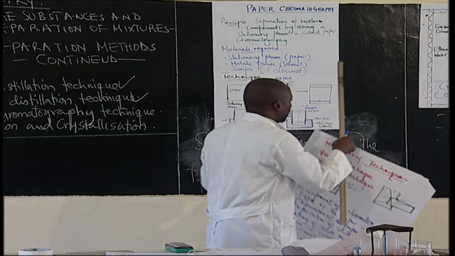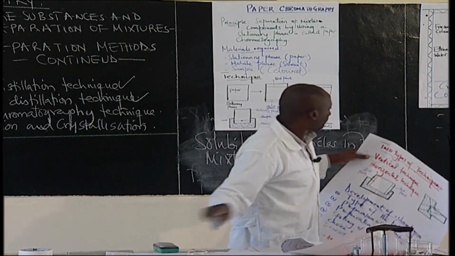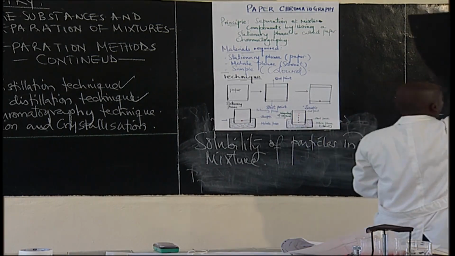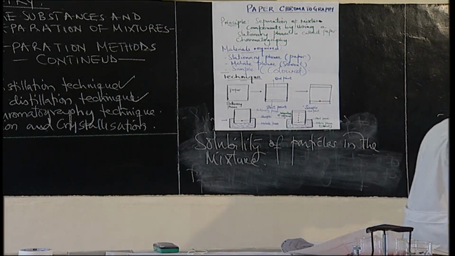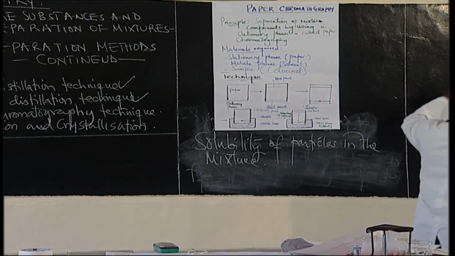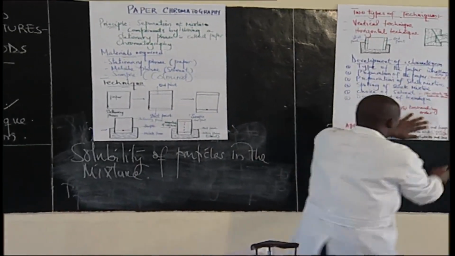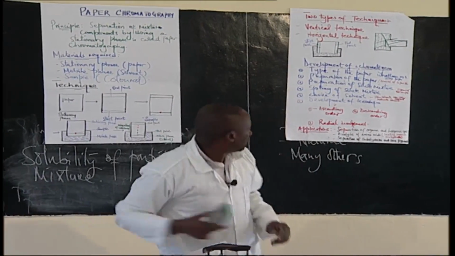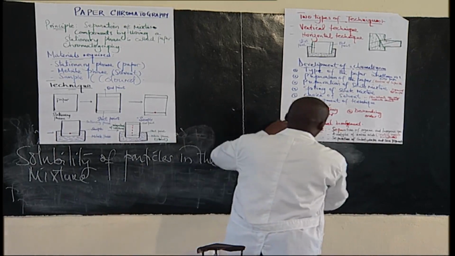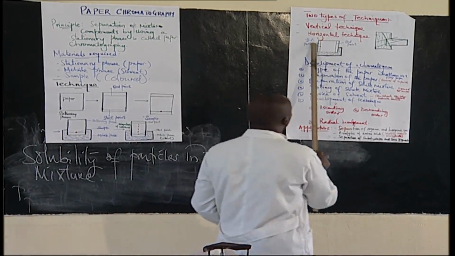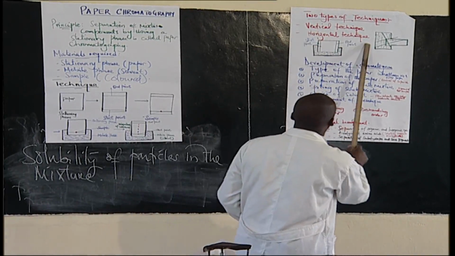And then let's look at the types of the techniques that can be used. We are still on the chromatography. So we have the horizontal technique, and then we have the vertical technique.